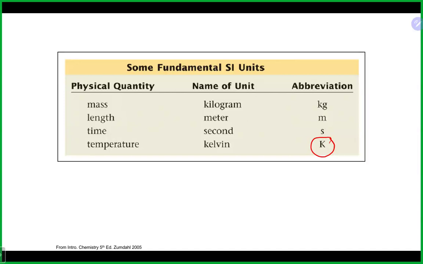The other really important thing to know is what the unit represents. If you're talking about a kilogram or a gram, you are talking about mass, and you're not talking about a volume. If you're talking about volume, you may be talking about cubic centimeters, milliliters, liters.